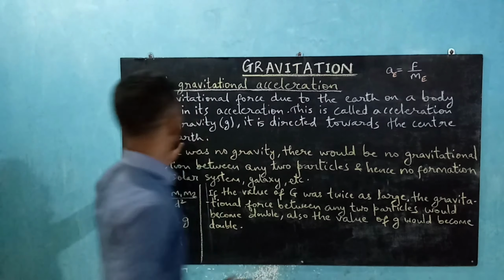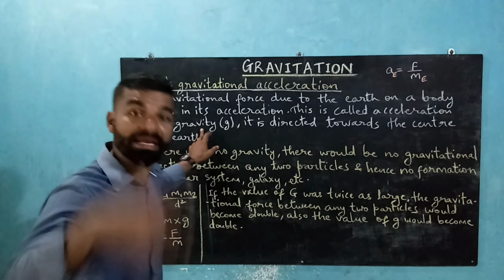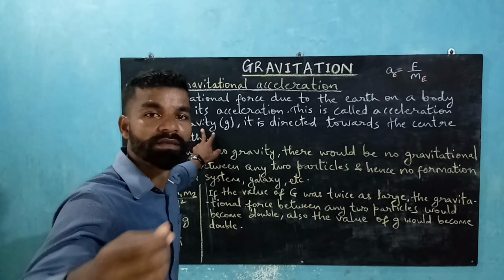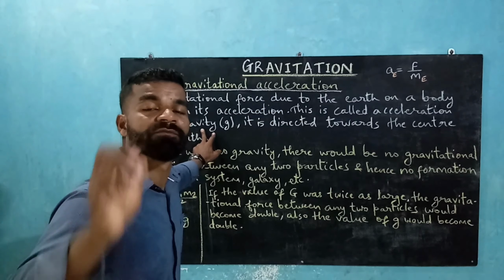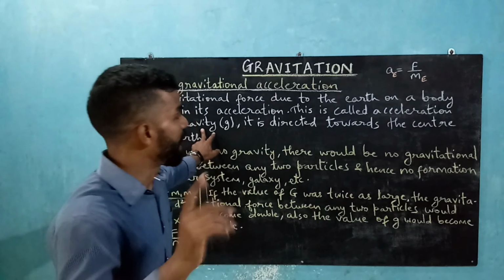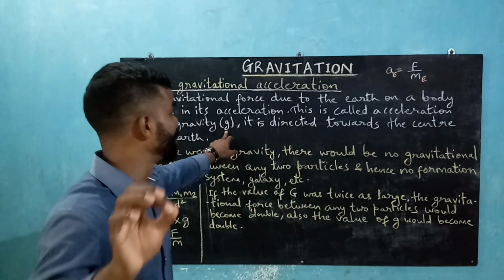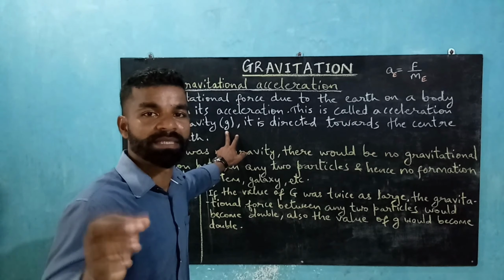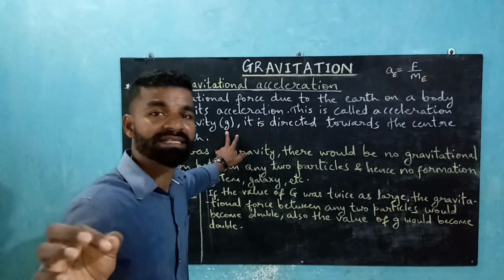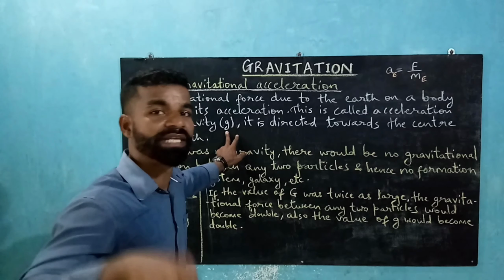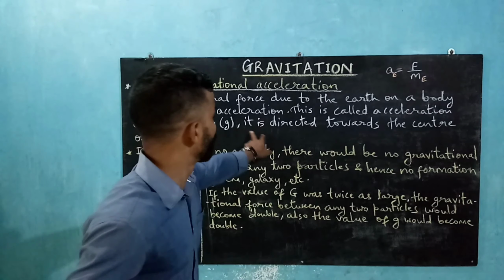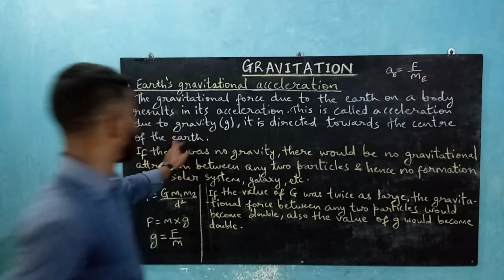This is called acceleration due to gravity. It is denoted by small g, and it is a vector quantity. That means it has magnitude as well as direction. The direction is pointed towards the center of the earth.